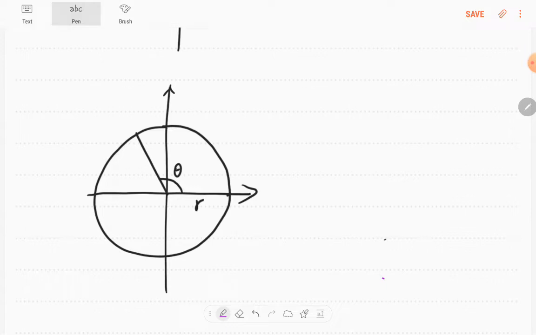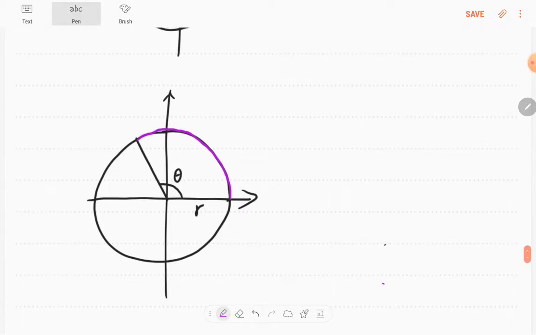If the arc length is s, the length of this part is s. So how many radians is this angle? This angle is called the central angle.